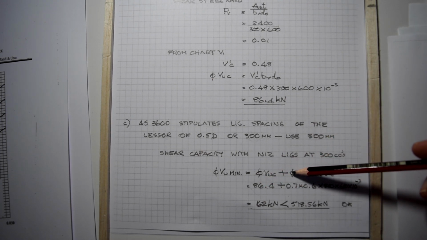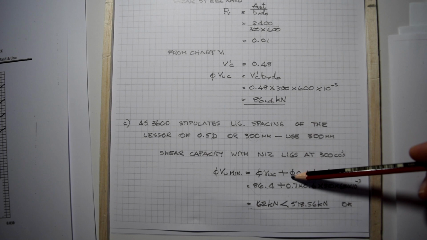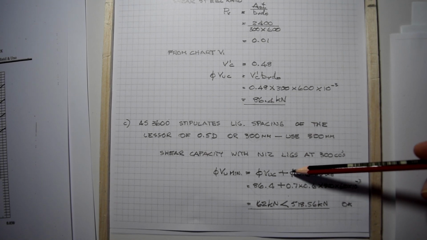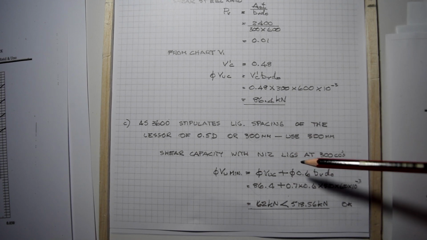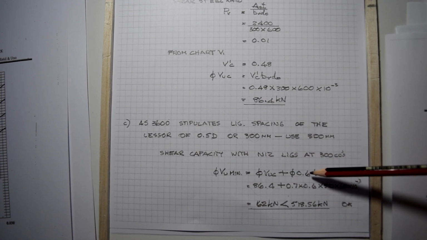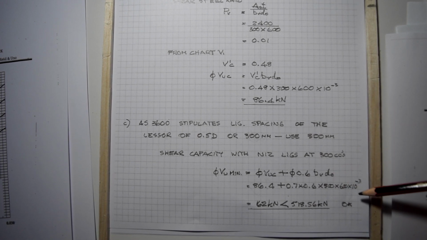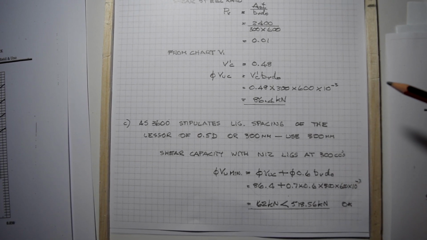Phi is a standard which you'll find in one of the earlier tables in this series of lectures for shear, 0.6, multiplied is also a standard factor, multiplied by the breadth of the section times the effective depth, and again 10 to the minus 3 to get into kilonewtons.